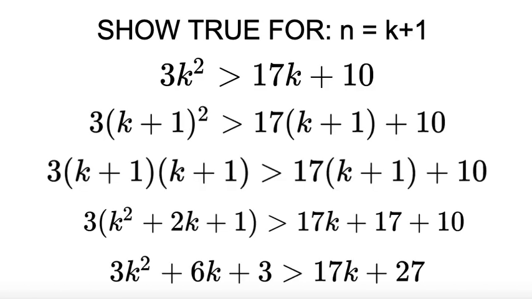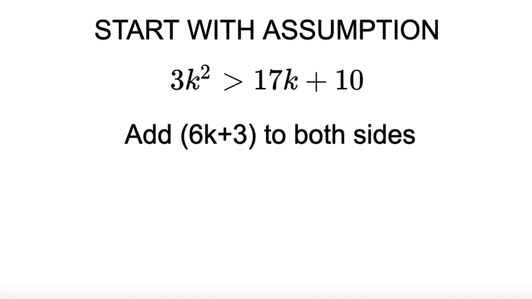So in order to arrive at that n equals k plus 1 from our last step, we must start with the assumption, which is 3k squared is greater than 17k plus 10. In order to get it to look like the n equals k plus 1, we gotta do something to either side, either the left or the right.